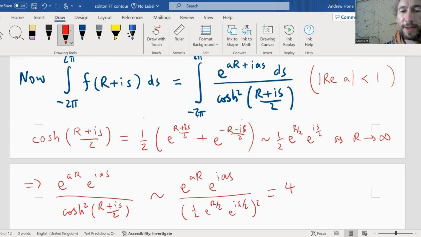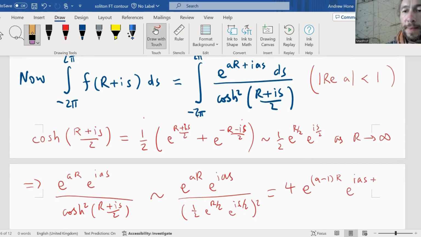And then I'm going to write this as e to the power of (a minus 1) r, and then e to the IAS plus minus is.